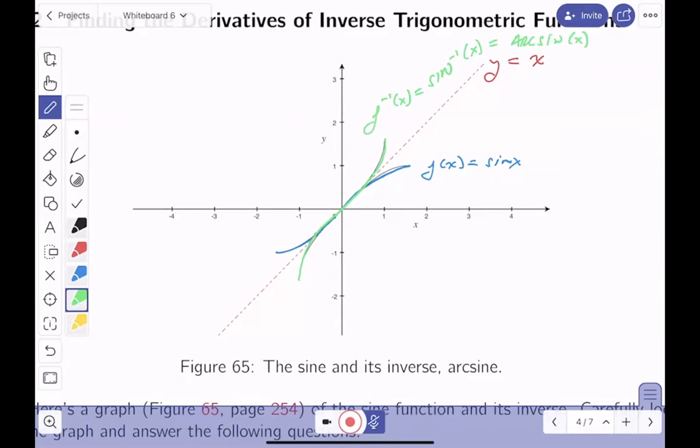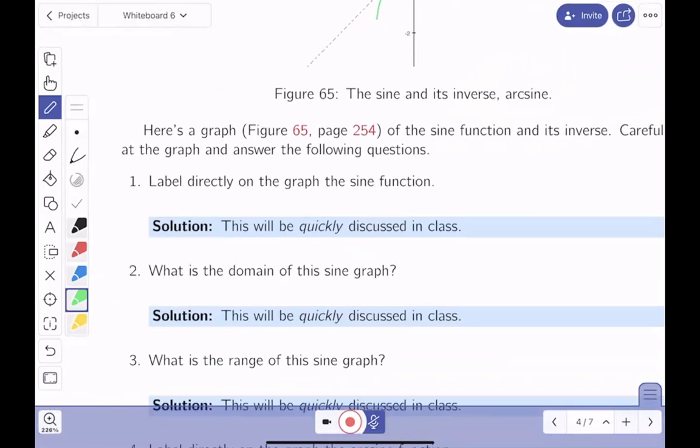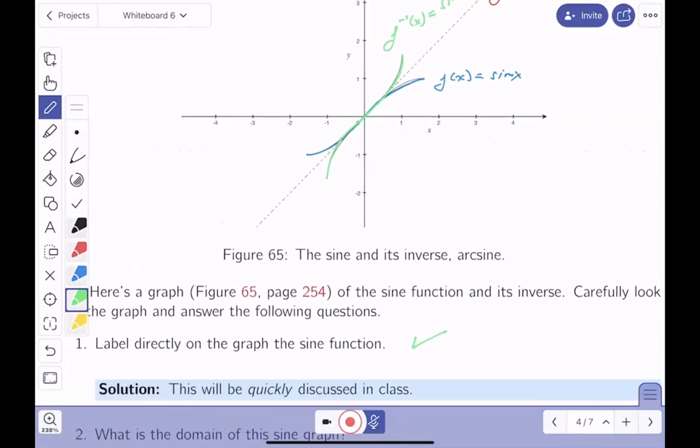Let's answer the questions now. The picture's kind of understood. Label directly on the graph. I did that. What's the domain of the sine function? The sine function starts here and ends here, and this is the invertible region. So the domain of the invertible region, and again you would need to know Math 120, goes between minus pi over 2 and pi over 2.